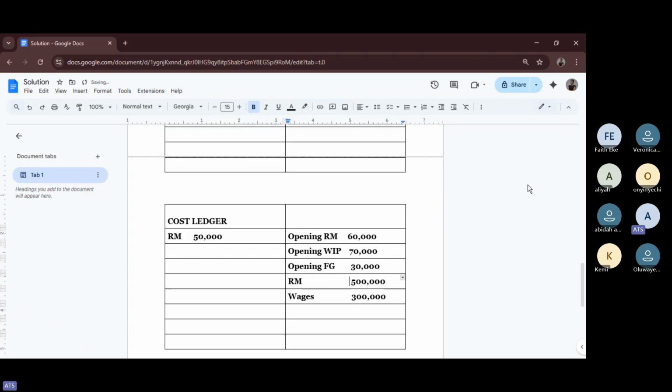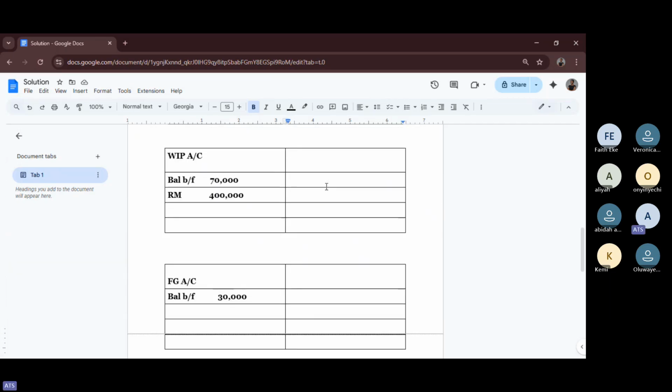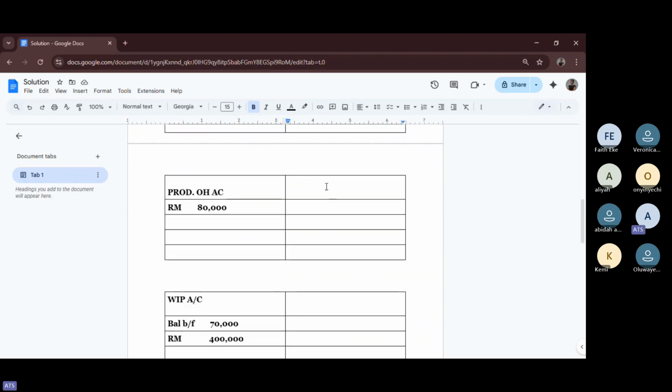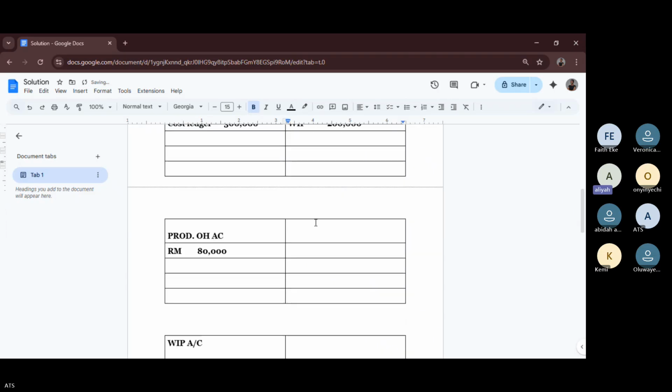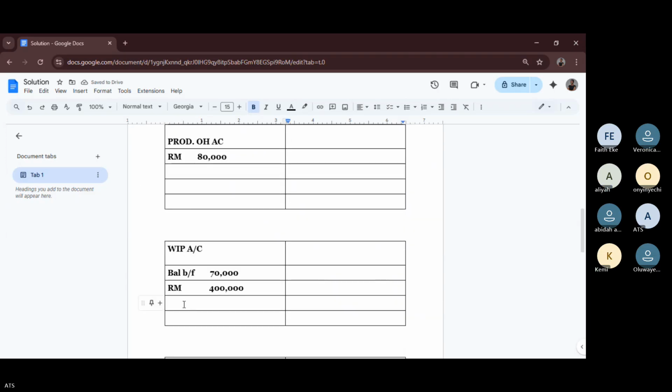Now, next is wages allocated. So direct wages, how much? 200,000. WIP, 200K. Come to work in progress and debit work in progress, the wages there.